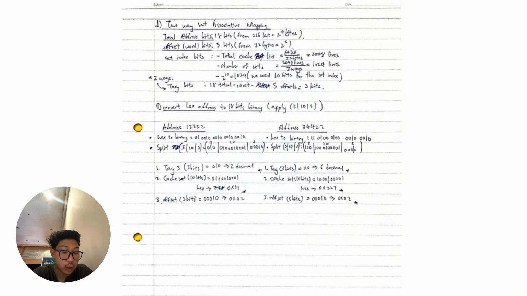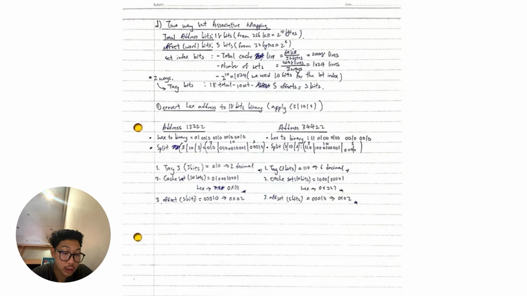So in conclusion, 2 to the power of 10 equals 1024. We need 10 bits for the set index. So the tag bits, for the two ways, are 18 total minus 10 set minus 5 offset. That gives you 3 bits for the tag. So now we know the tag is 3 bits.